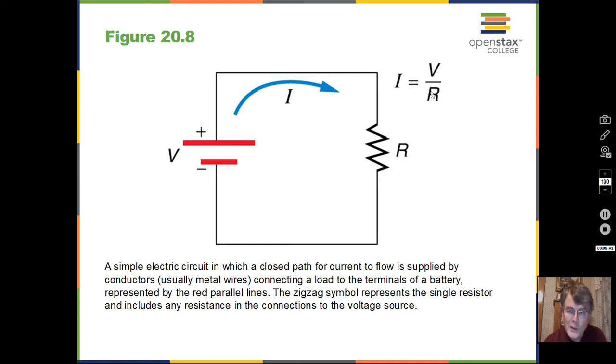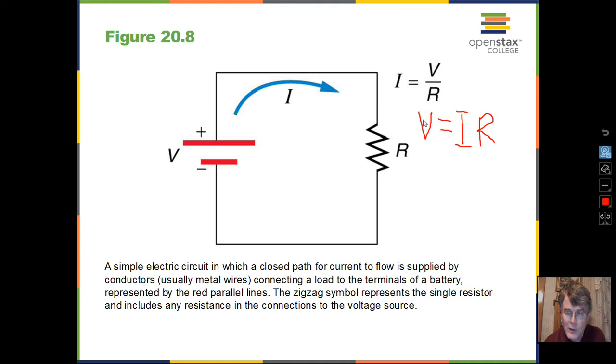If we rearrange this a little bit, we'd have V equals I times R, Ohm's law. The potential difference across any one circuit element is equal to the current in that element multiplied by the resistance of that element. V equals I times R.